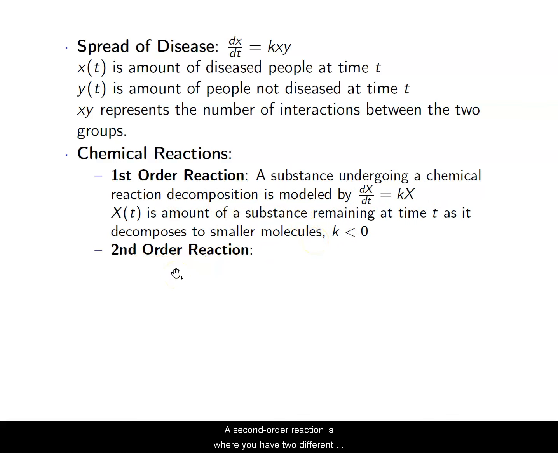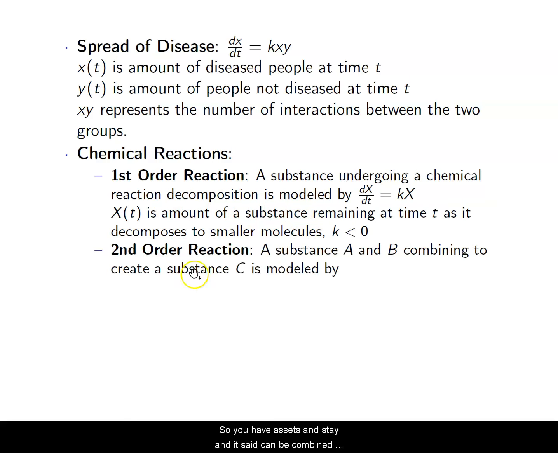A second order reaction is where you have two different chemicals reacting together. So you have a substance A and a substance B combining to create a new substance, right? Here we have to talk about the amount of your substance C after time t that's being created by interactions between A and B. So this is going to represent how much of A is left over at time t to interact with how much of B is left over at time t to create your element C, right?